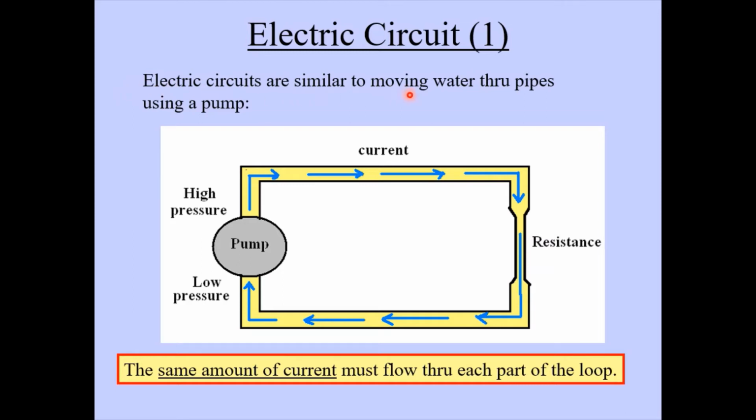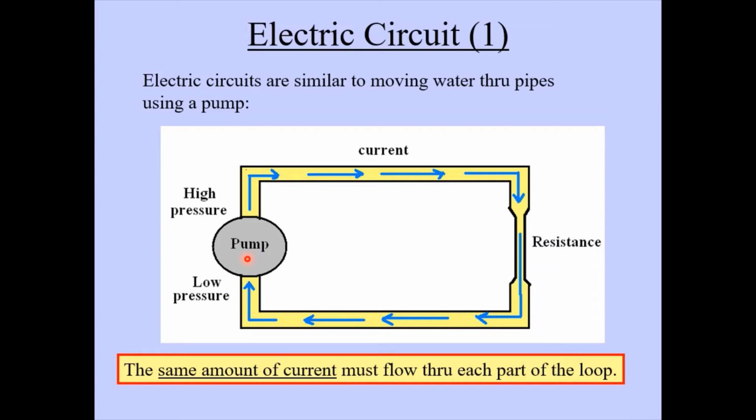Electric circuits are similar to moving water through pipes using a pump. So in this system here, we have a water pump, and the pump is connected to a tube or hose that just goes around in a circle like this. And this is why it's called a circuit. Okay, it actually forms a loop here.